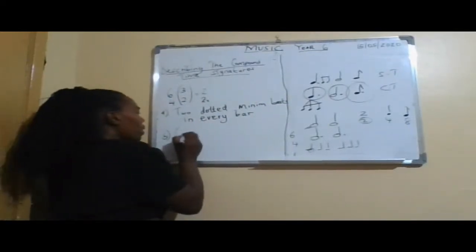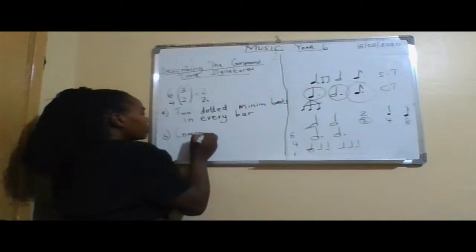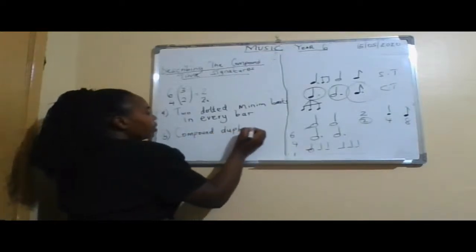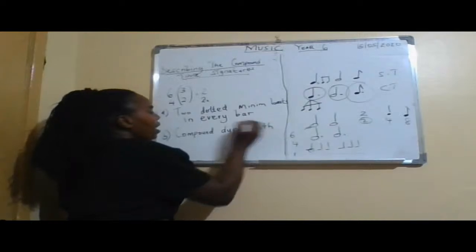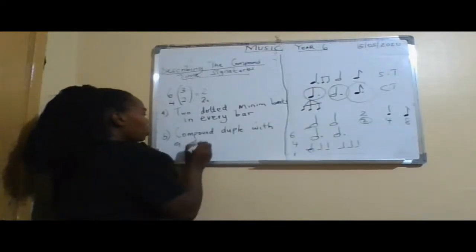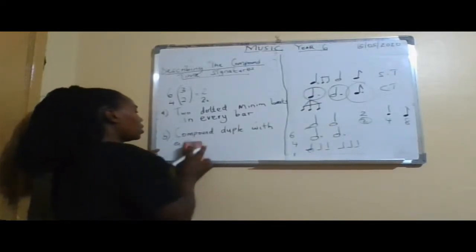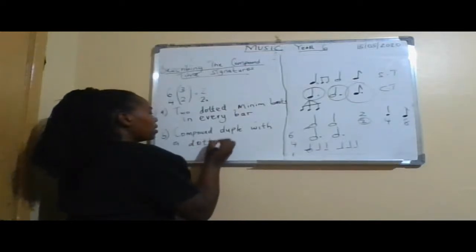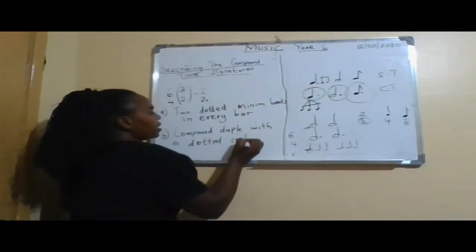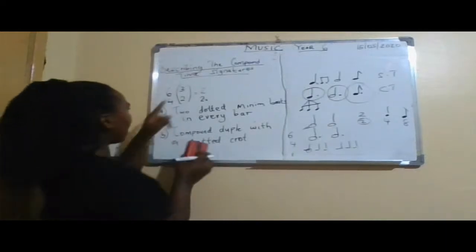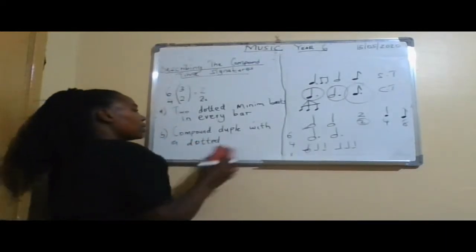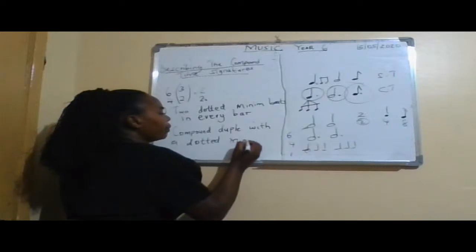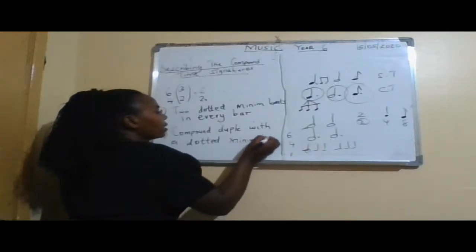So this is compound duple with a dotted minim beat. Sorry, this was a minim, so it is not a crochet. So a dotted minim beat.